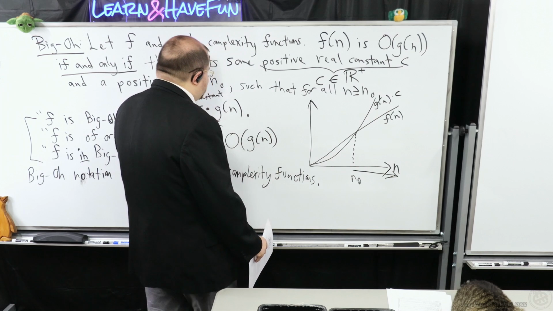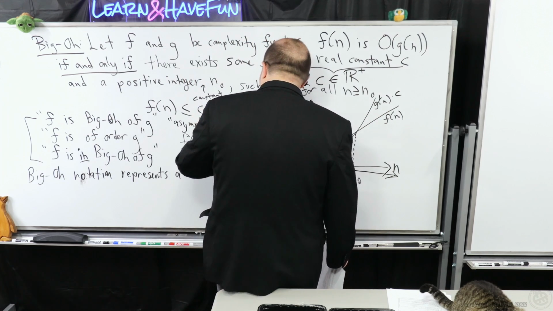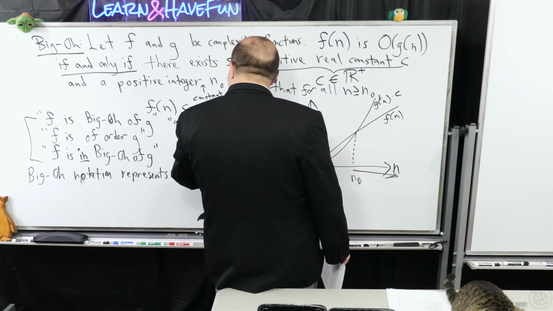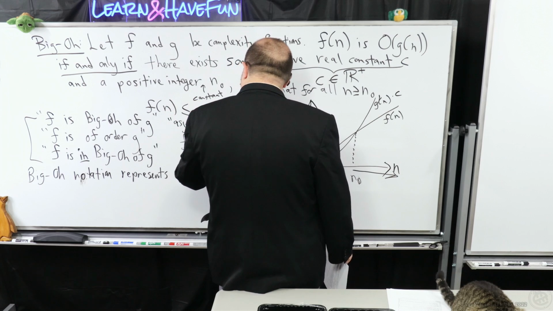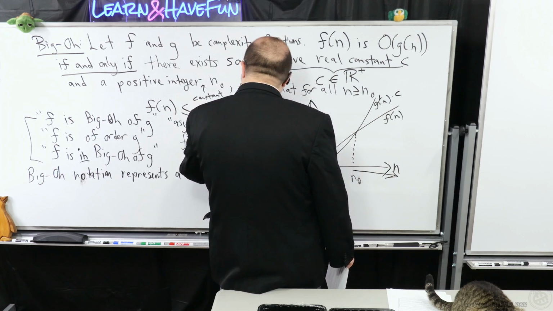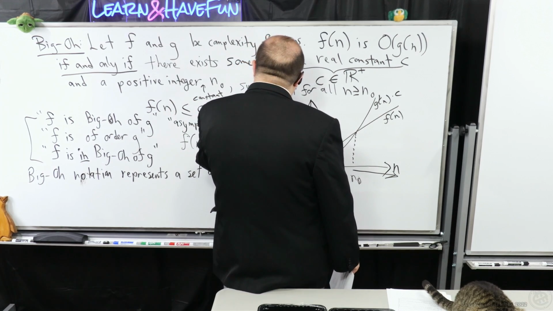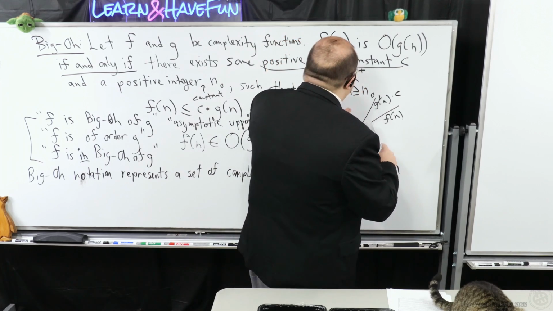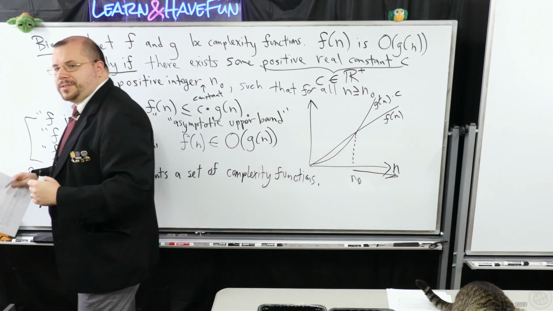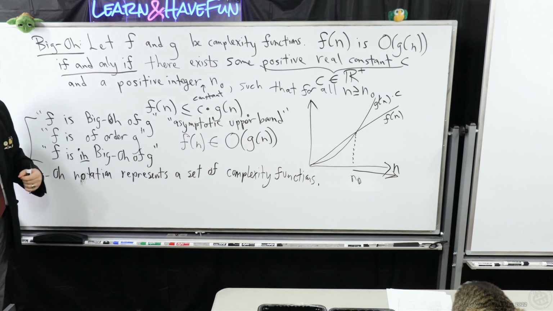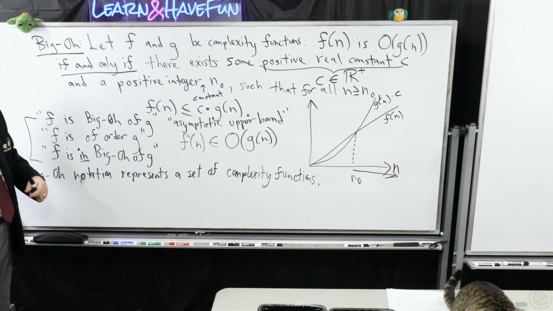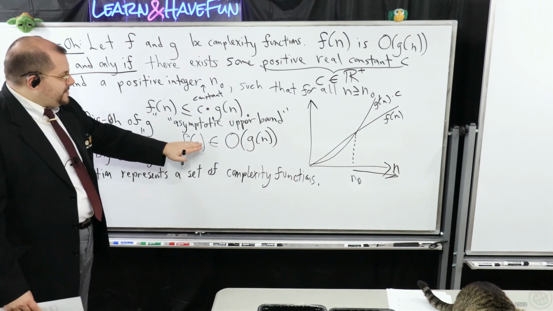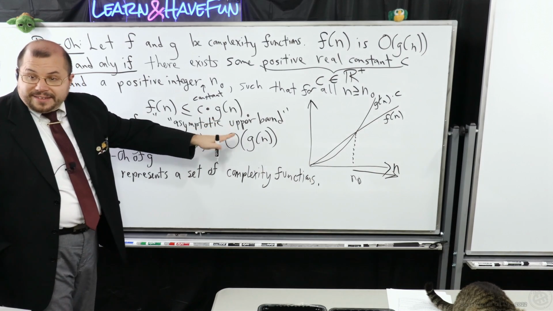Asymptotic simply meaning there's a sufficiently large value of the input in this case. So sufficiently large, asymptotic upper bound. Sufficiently large input such that a constant multiple of this will dominate the function that is in big O of g. So this is actually a set. So big O of g is a set.